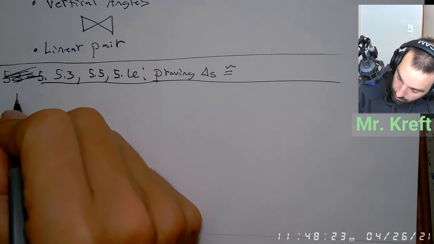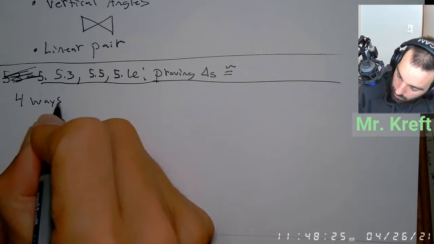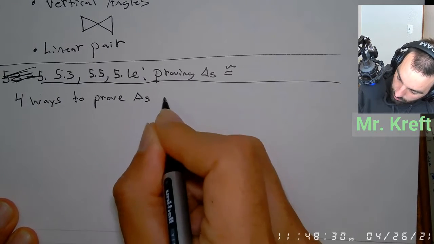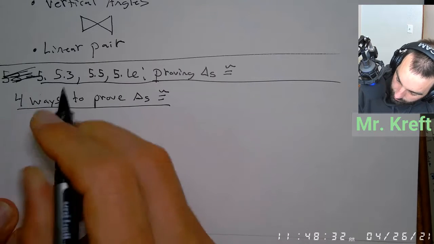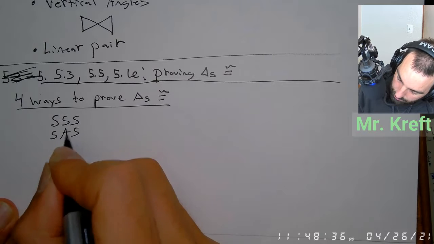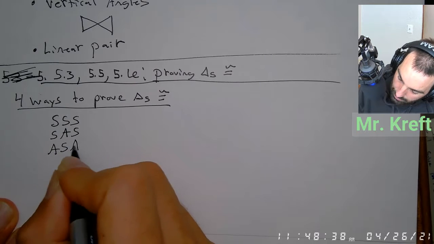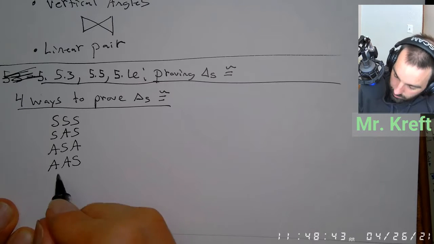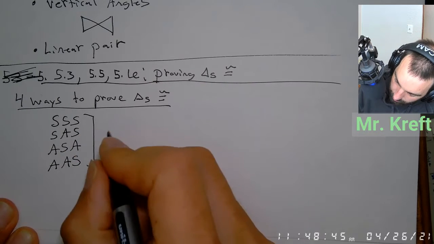So there are 4 ways to prove triangles congruent. SSS, SAS, ASA, and AAS. And we're always going to do these first.